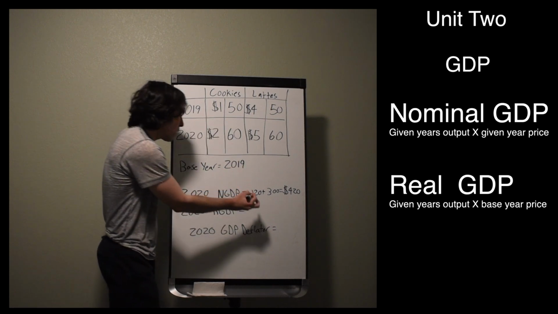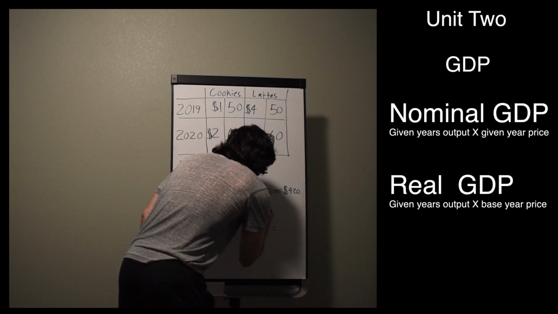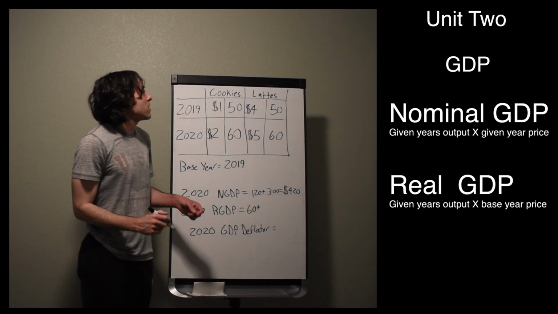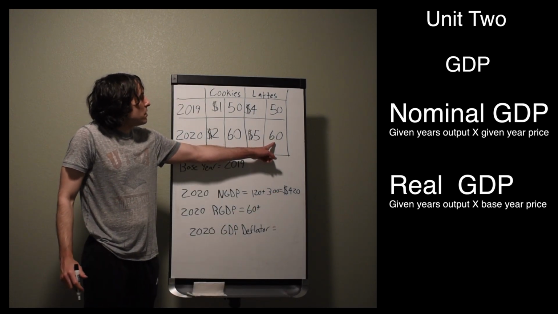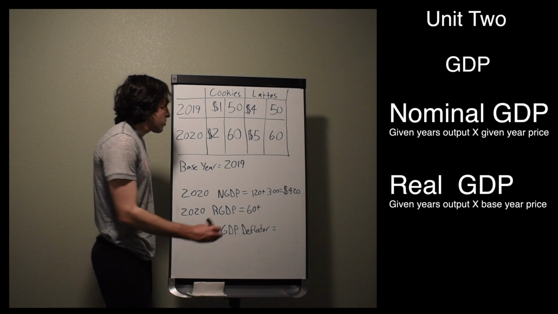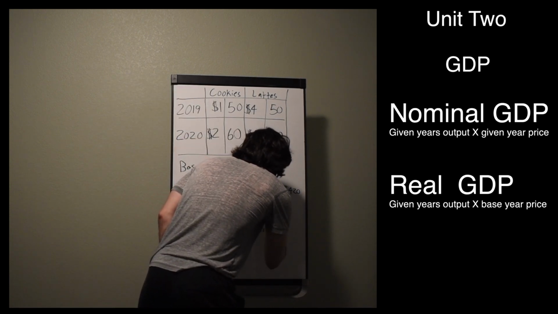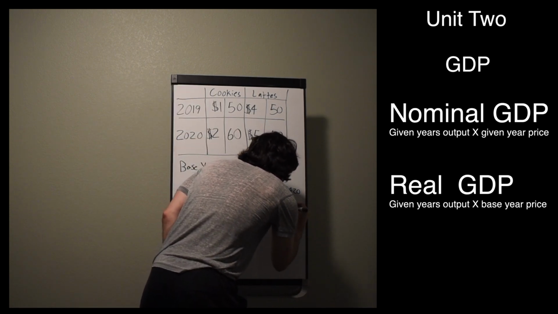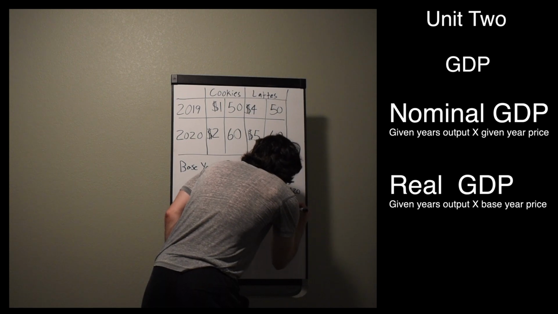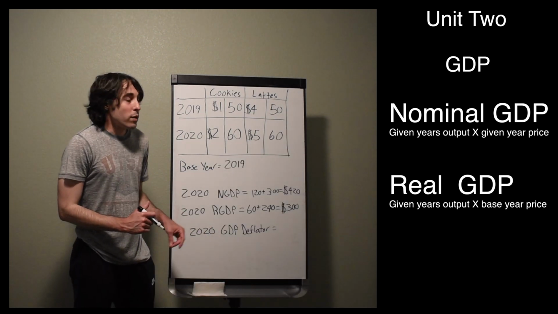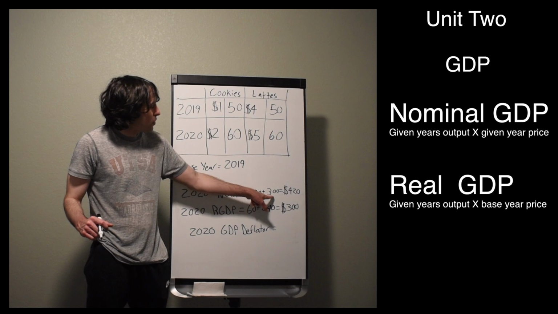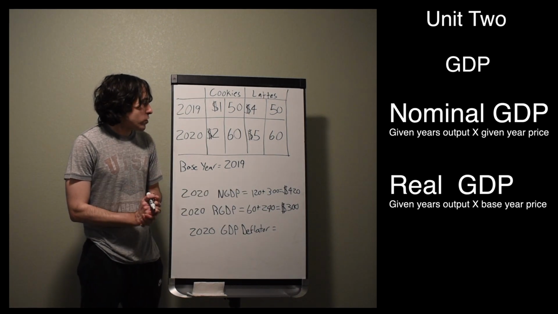So it's 60 times 1, and that's going to be $60, and we're going to add to that however much lattes got us. That's going to be 60 times 4, and that comes out to $240, and together that equals $300. So our real GDP in 2020 was $300, even though our nominal GDP was $420.